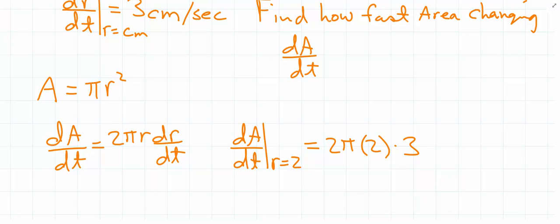If we did put in the units, you would have 2 centimeters here, 3 centimeters per second here, and that would end up being squared centimeters, right? So the units would work out, but we're just trying to get this part down. Well, it looks like that's it, doesn't it? What would that be, 12 pi square centimeters per second? Okay. Looks like that's how fast the area is changing.